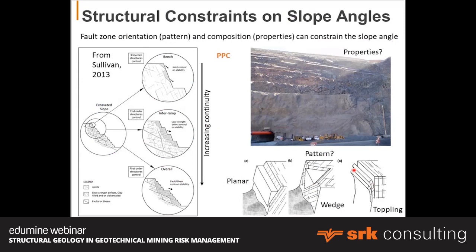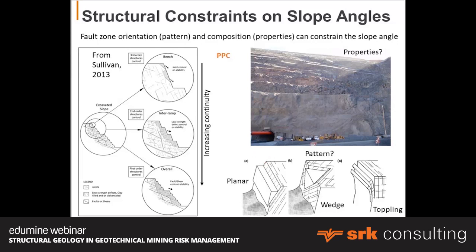All right, and these really are governed by structural pattern. Obviously the properties of those structures are also important. If they're strongly solidified or well sealed, then the structures probably wouldn't fail. But if they're weak with gouge, then they're more likely to fail.